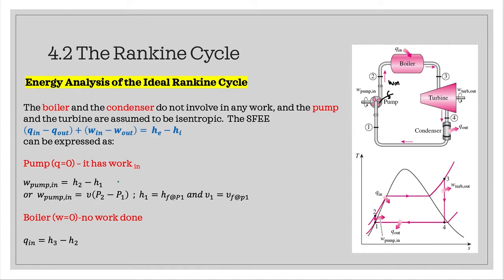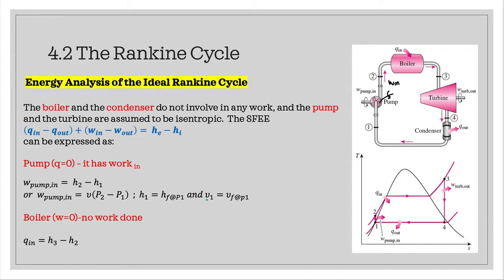inlet. And we also have another formula for W in for the pump: specific volume multiplied by the difference between P2 minus P1. Please remember from the TS diagram that state 1 is saturated liquid.